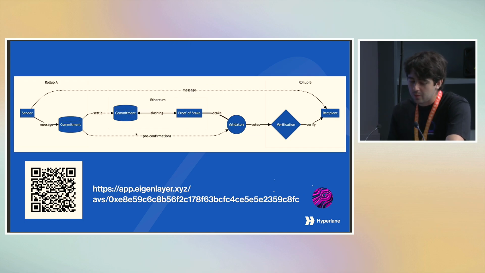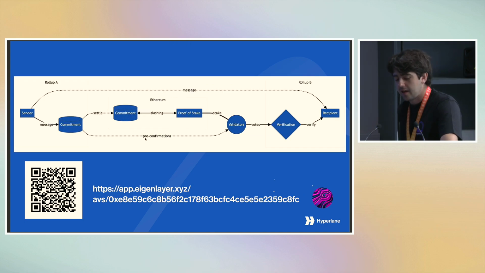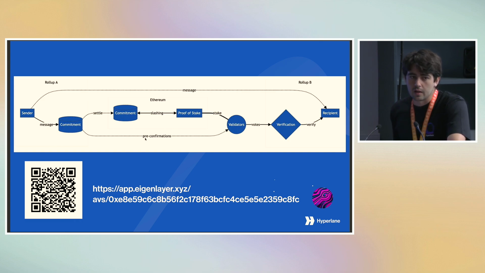Some cool things happen when you compose this with EigenLayer. If you're not familiar with EigenLayer, it allows the ETH that's already being used for validating Ethereum to also be used by other applications for security. And there's a huge ecosystem around this. There are these things called AVSs, which I think stands for actively validated services. We recently released this.